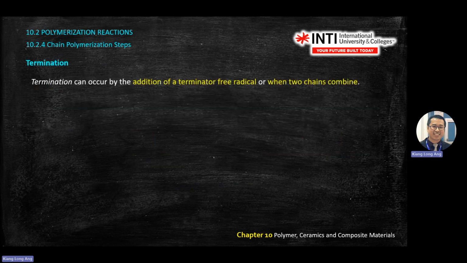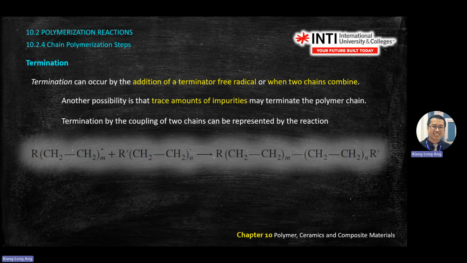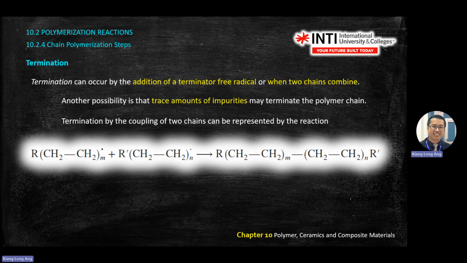So after propagation, how does it terminate? When it terminates, you need to remove the free radical, the small dot there, or when two chains combine. Okay. So how does this end? This is a free radical with the small dot plus a free radical with the small dot. So you have an R dash meaning the second hydrocarbon.